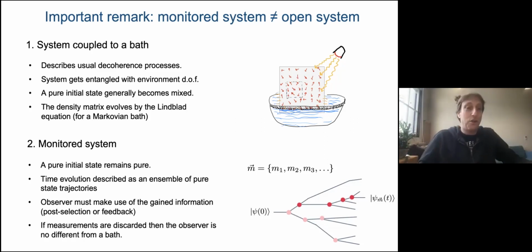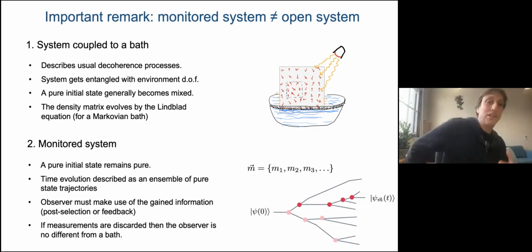Otherwise, there is no way to measure an expectation value. To measure an expectation value, I have to do repeated measurements of the same state. And if I want to do repeated measurements of the same state, I need to post-select to get the same state. In order to post-select, I need to use the information of my measurements.